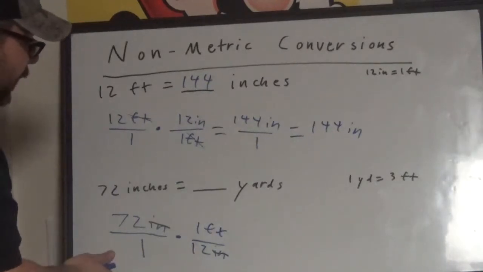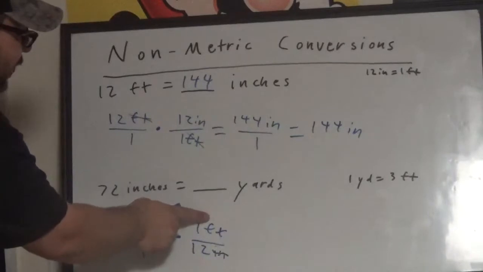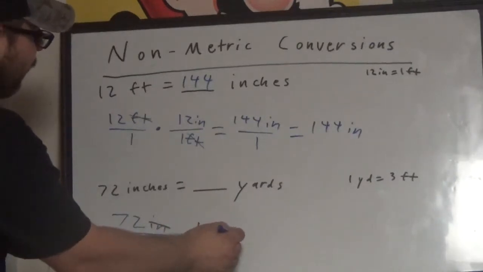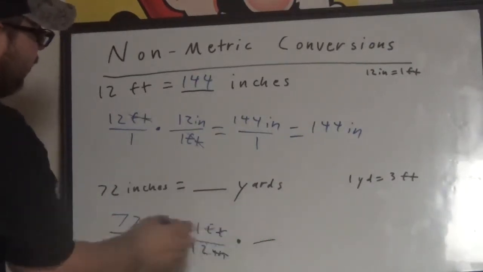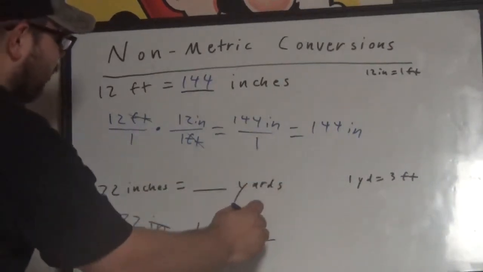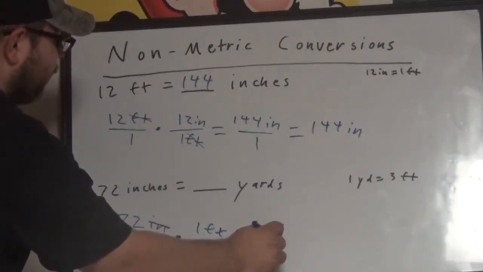Now we do our second unit conversion. Remember, this is going to tell us how many feet we have, but we don't want to know feet. We want to know yards. So I'm going to do another fraction. This time I'm going to put 1 yard on top and 3 feet on bottom.